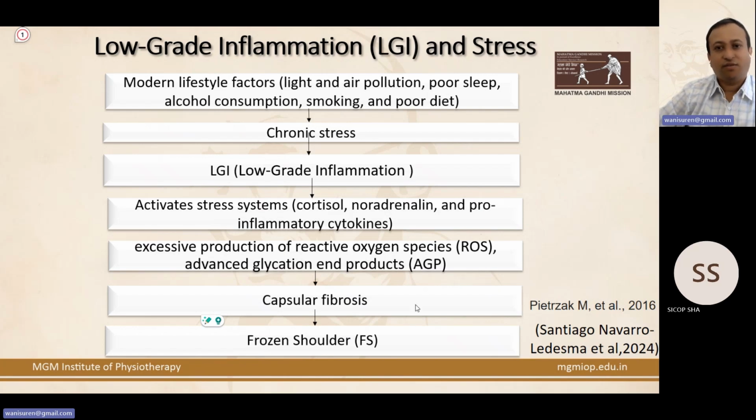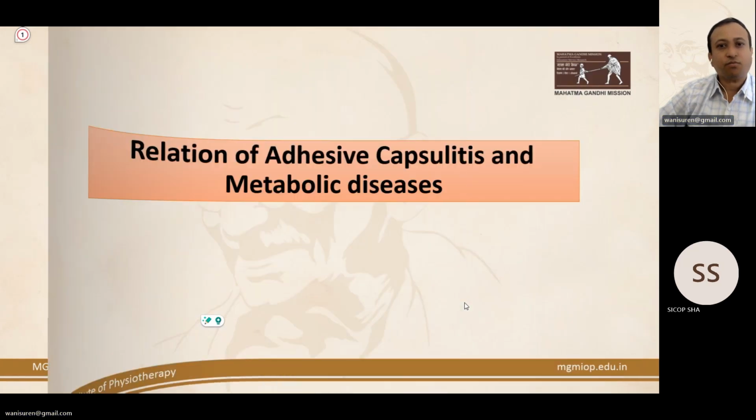So this chronic stress along with the low grade inflammation due to aging may activate the stress systems, and because of that there is excessive production of ROS, that is reactive oxygen species, and advanced glycation end products in the tissues, which will lead to increased chances of capsular fibrosis around the shoulder and may lead to frozen shoulder. So this theory also explains the pathophysiology for development of adhesive capsulitis.